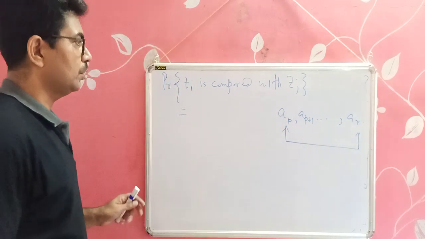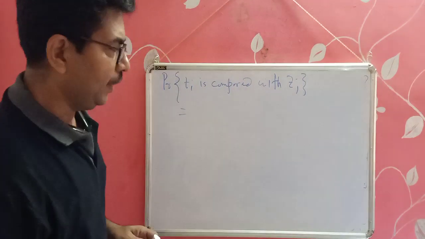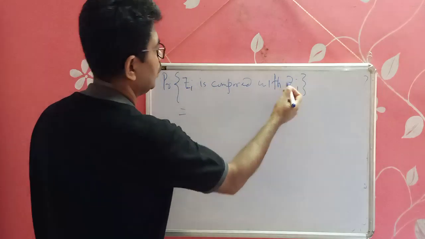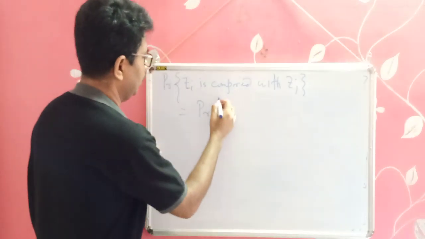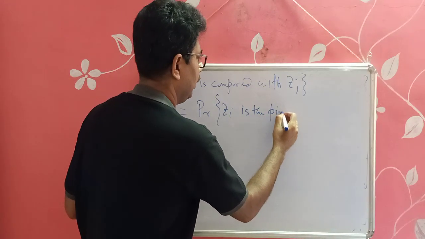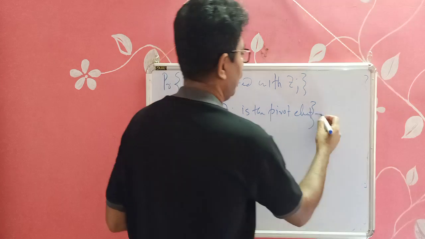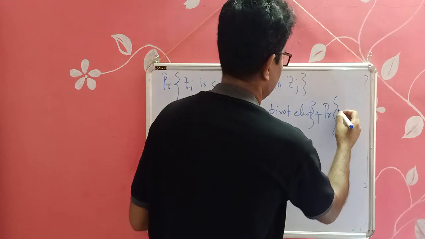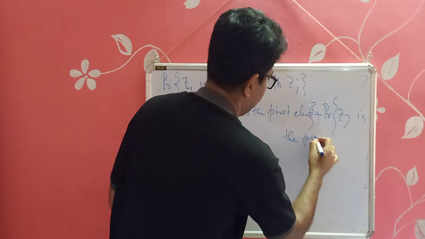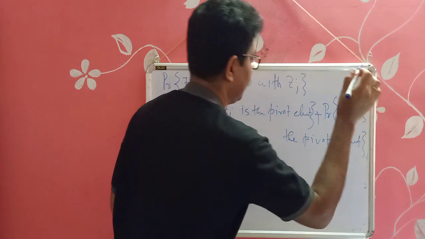Therefore we can write that the probability that Zi is compared with Zj is the probability that Zi is the pivot element plus the probability that Zj is the pivot element. Okay?